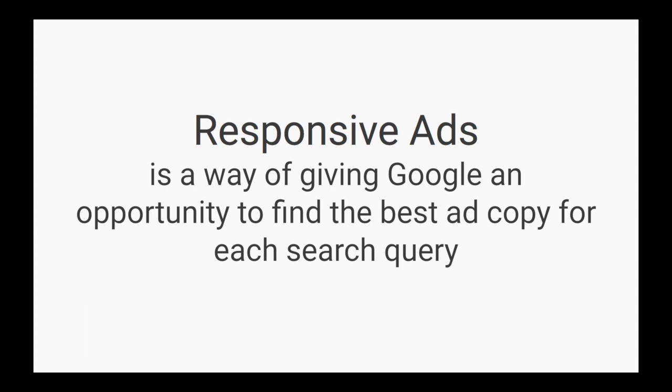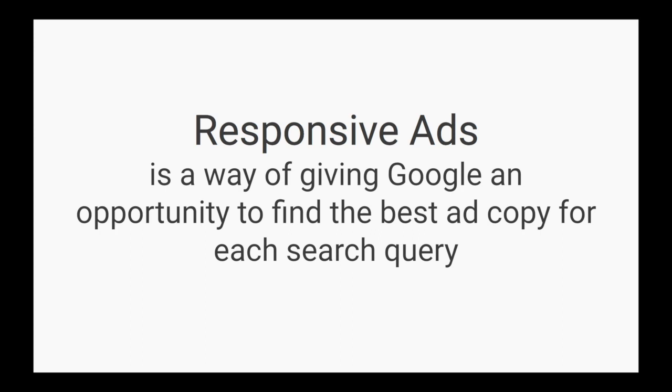Responsive ads is a way of giving Google an opportunity to find the best ad copy for each search query. This definition gives us at least one hint that we need to consider. It gives us an opportunity to find the best ad copy for each search query. So we have exact keywords, we don't have a lot of search queries, so we don't have to use responsive ads.